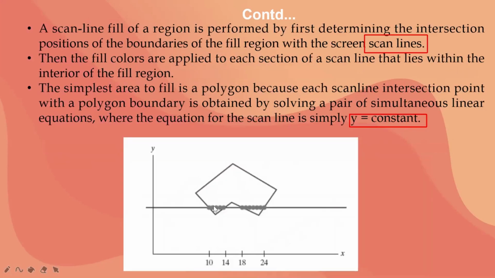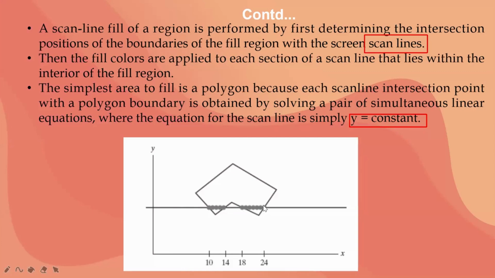There will be many pixel positions, but you have to notice the pixel positions between your starting and end points. Here my starting point is x equals 10, and my ending point is x equals 14. Similarly, my starting point is 18 and the ending point is 24.